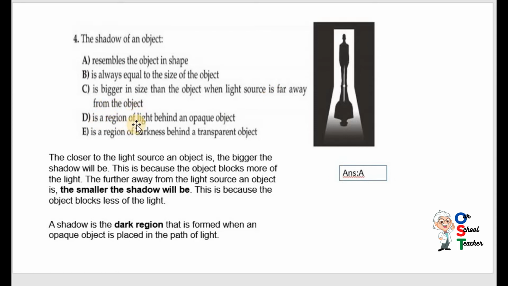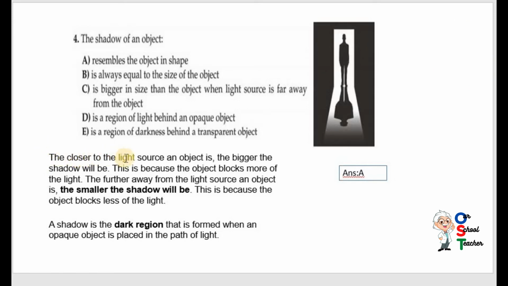D. Is a region of light behind an opaque object. E. Is a region of darkness behind a transparent object. A transparent object doesn't make any shadow. So E is incorrect. Just read the information. You can get an idea to choose the correct option.